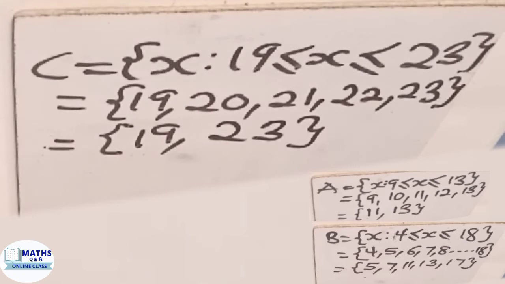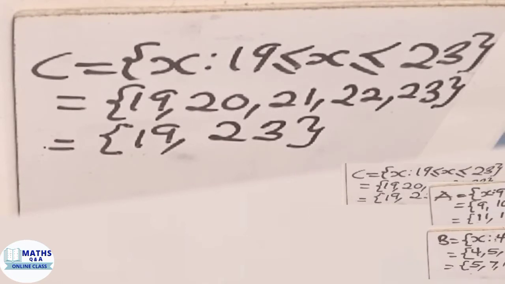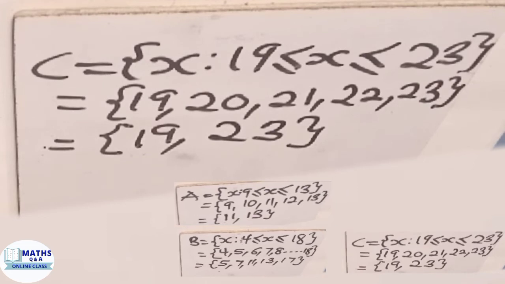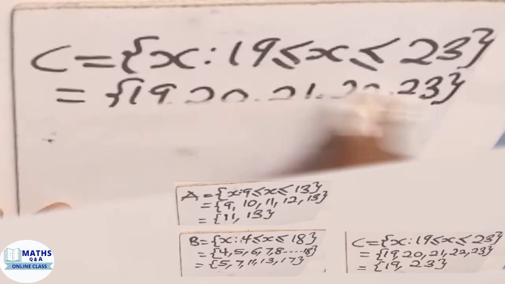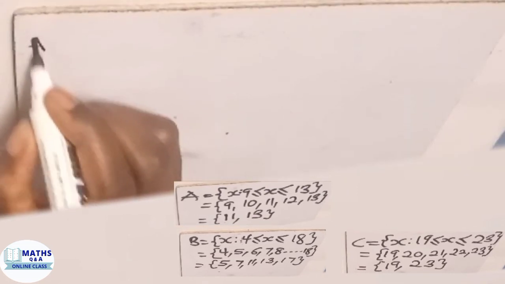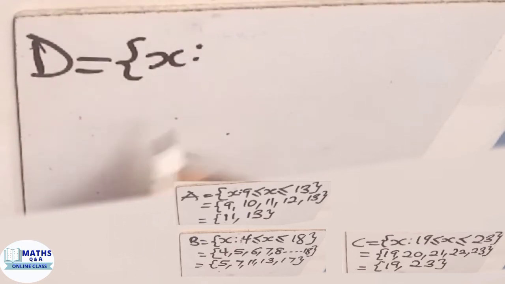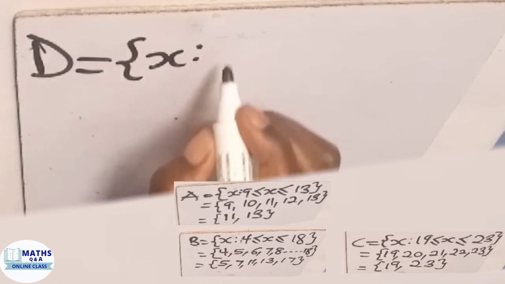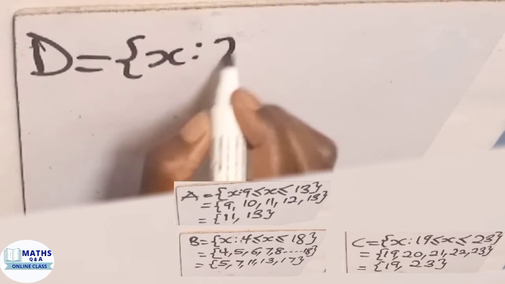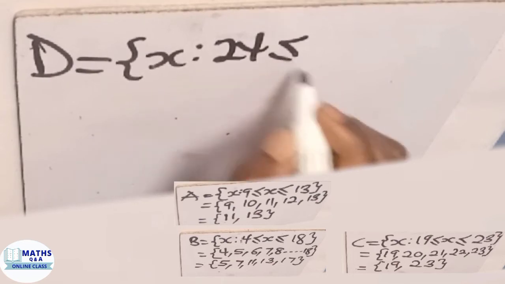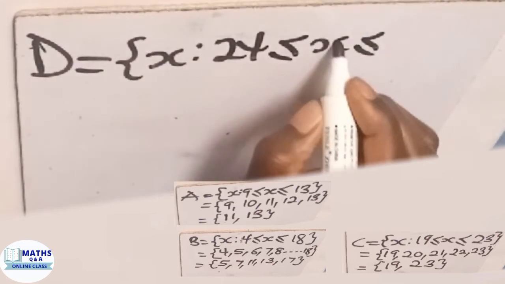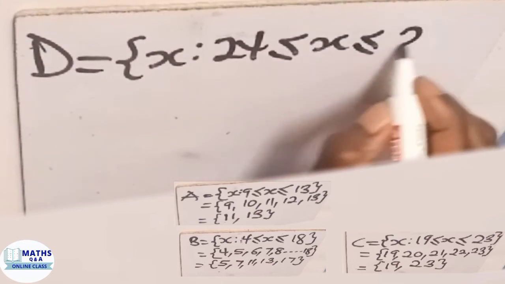Now, let's move on to the next option, which is option D. Option D says that x is such that x is greater than or equal to 24, but less than or equal to 28.